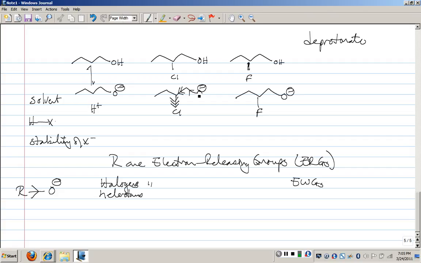So the minus charge on this O is actually bled all the way down here by the chlorine. In the end, this chlorine is bearing part of the brunt of the negative charge that the O has. So the minus charge is not as localized here as it is here. In other words, it's more delocalized, and as a result, this conjugate base is more stable. If it's more stable, it's weaker. And as a result, this acid is stronger than that acid.